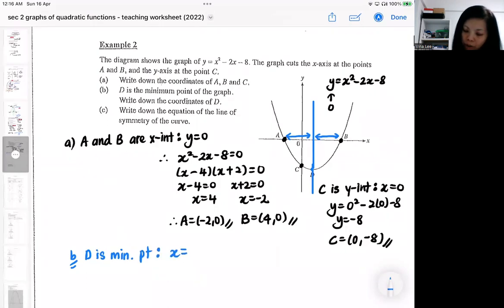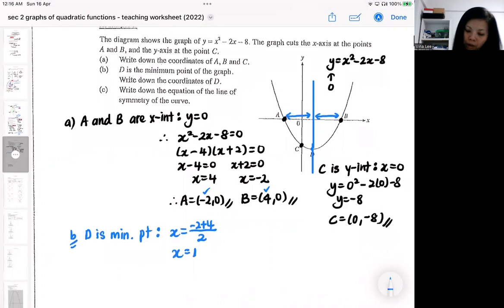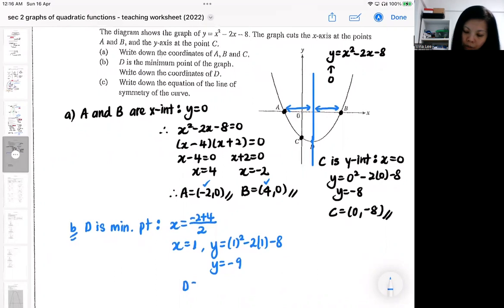So you always share these two numbers. When you go upper sec, you're doing exactly the same thing. And then subsequently, the y coordinate, return it back to the equation. You will get minus 9. So D will be (1, -9).